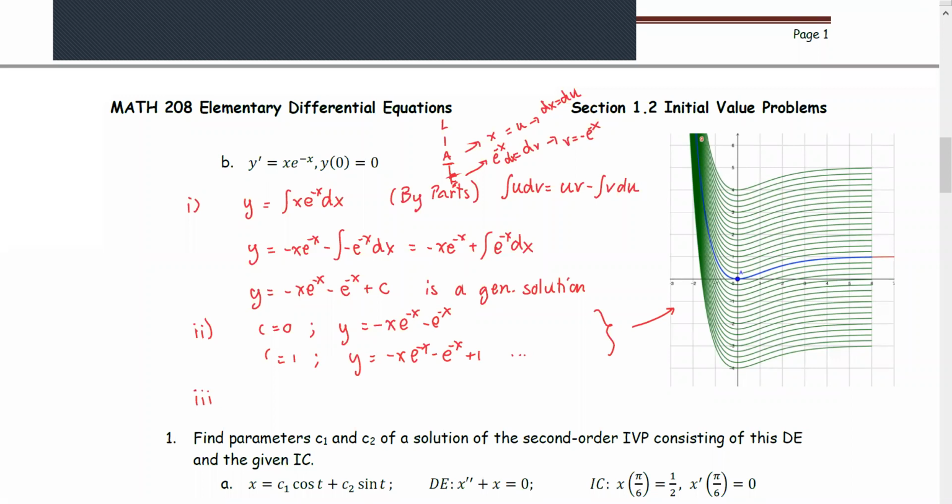Part 3. Find the particular solution using the initial condition. Y at 0 equals 0. So 0 equals negative 0 e to the 0 minus e to the 0 plus c, or c equals 1.